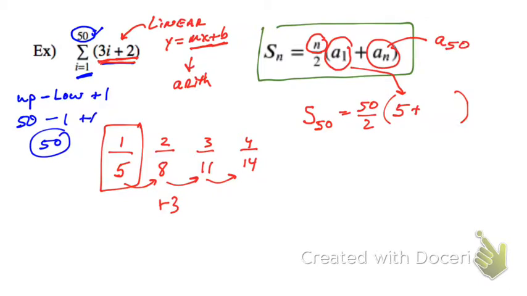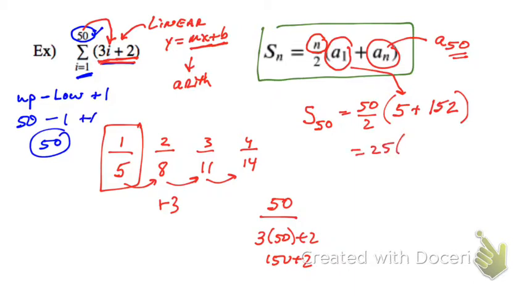Well, how do we get a sub 50? We take our upper bound 50 and we plug it in. So what would happen when we plugged in a 50? We would get 3 times 50 plus 2. 150 plus 2. We find out that our last number we would add would be 152. And then we can just do the math and say, well, that's going to be 25 times 157.